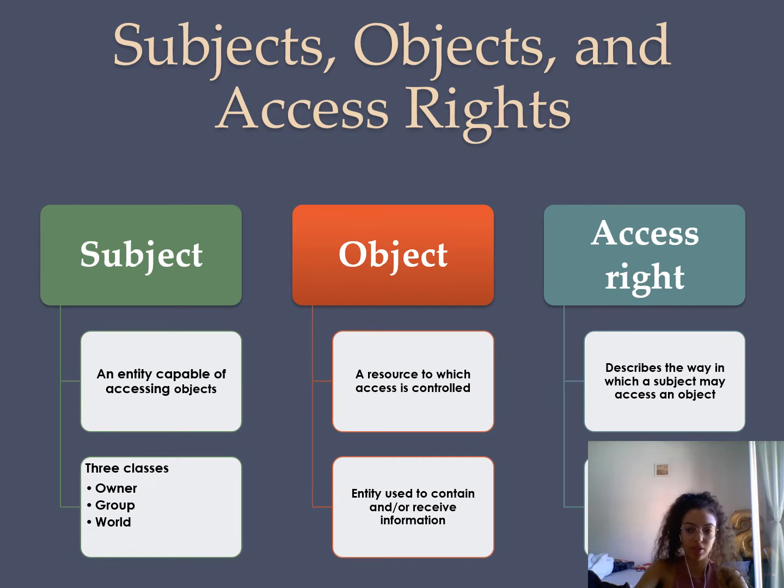So the basic elements of access control are subject, object, and access right. Subject is an entity capable of accessing objects. Generally, the concept of subject equates with that of process. So any user or application actually gains access to an object by means of a process that represents that user or application.